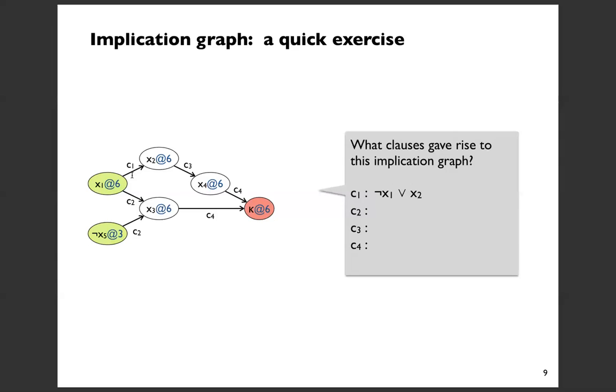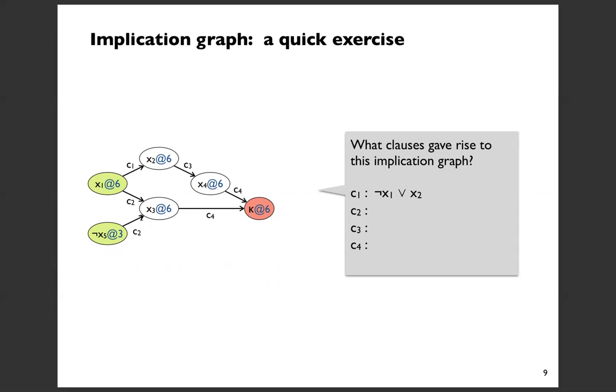Since plugging in X1 by itself creates implied X2, C1 has to be a clause which has two literals. Plugging in X1 makes one literal go to false and implies X2, and so on.